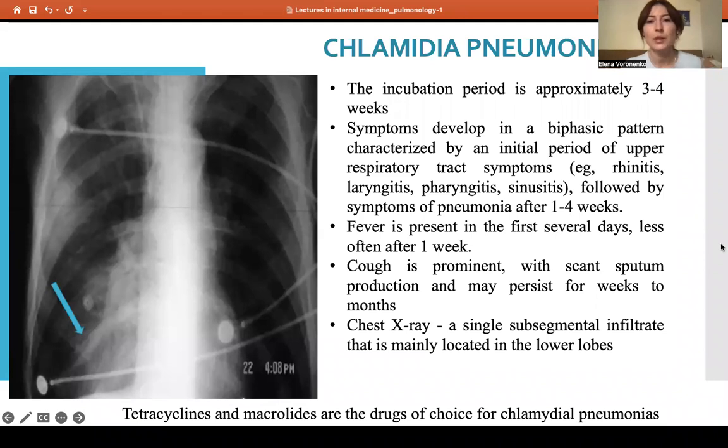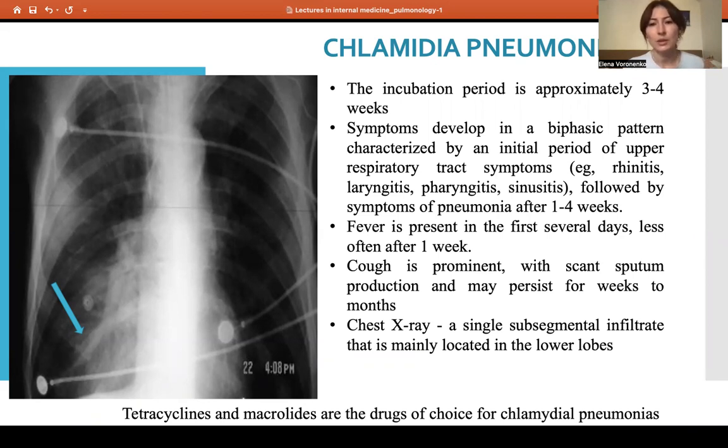Chlamydia pneumonia, the incubation period is approximately 3-4 weeks. Symptoms develop in a biphasic pattern characterized by an initial period of upper respiratory tract symptoms, followed by symptoms of pneumonia after 1-4 weeks.